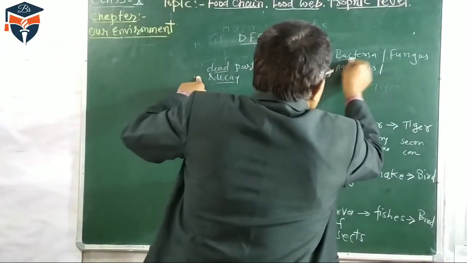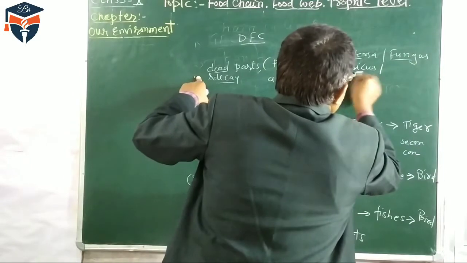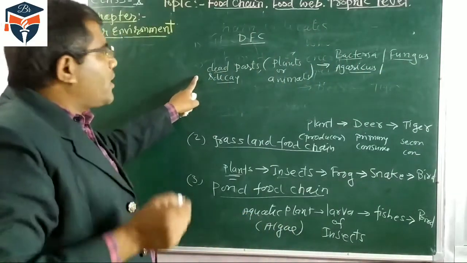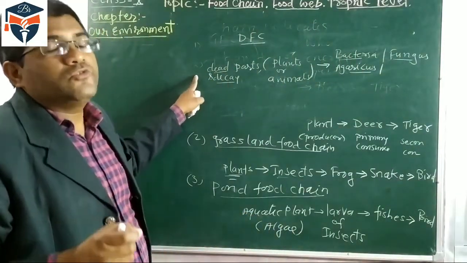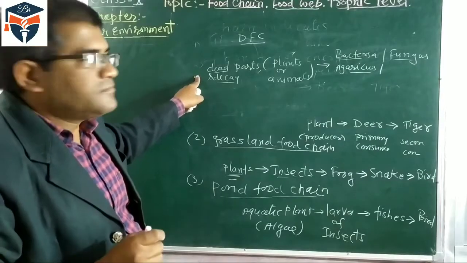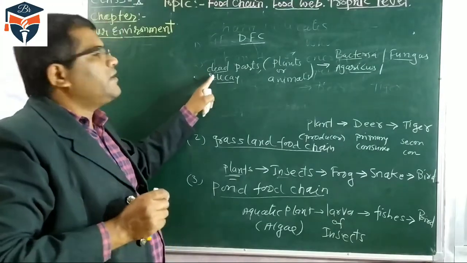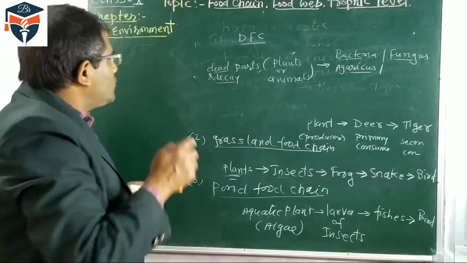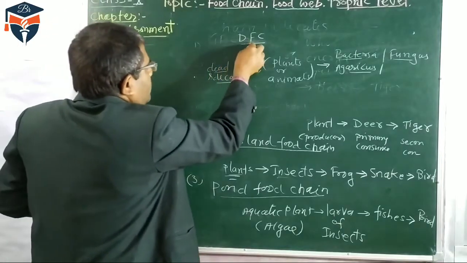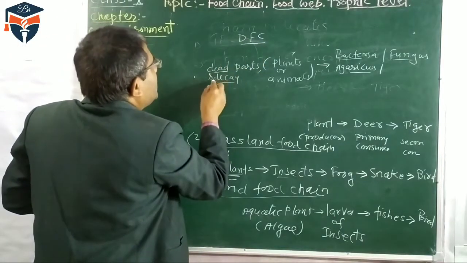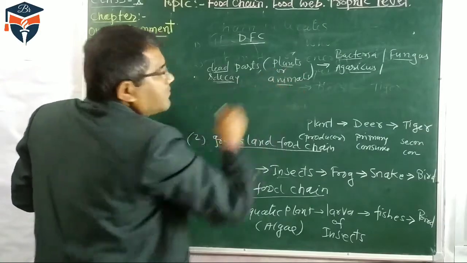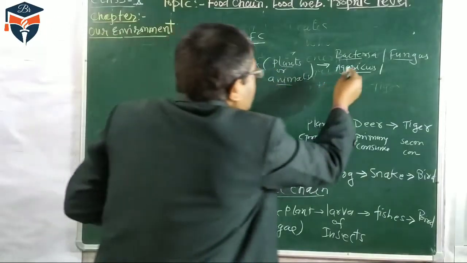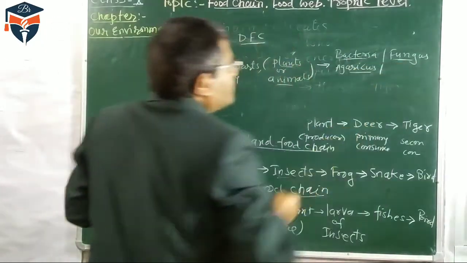So bacteria and some fungus are the microorganisms which we call saprophytes. They feed on dead and decayed organic matter. So what happens in this food chain? The food chain begins with dead and decayed parts of plants and animals, and this is fed upon by the bacteria and fungus.